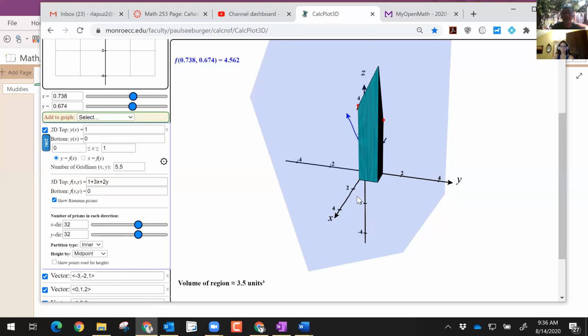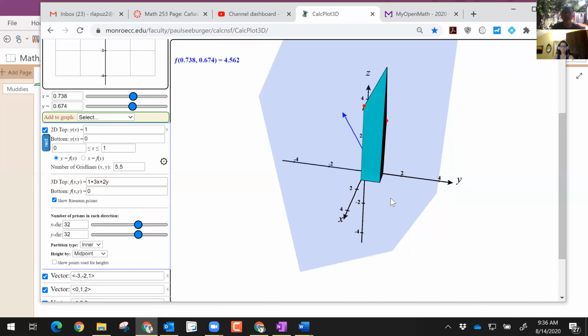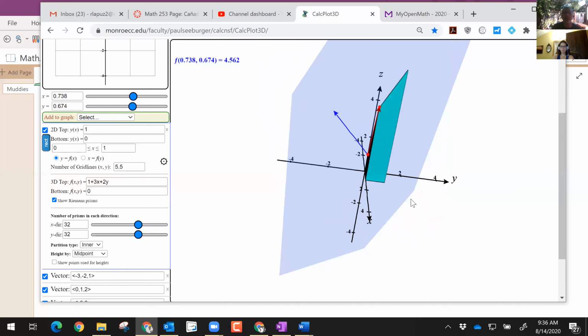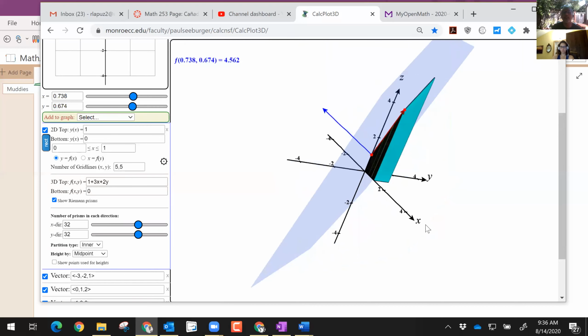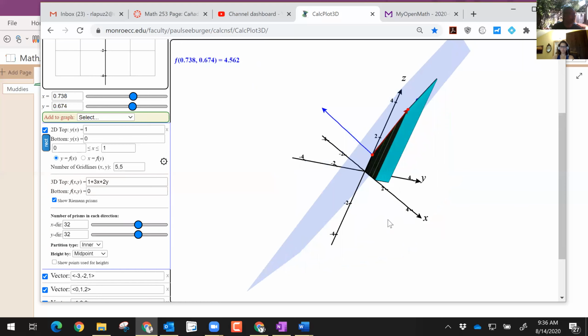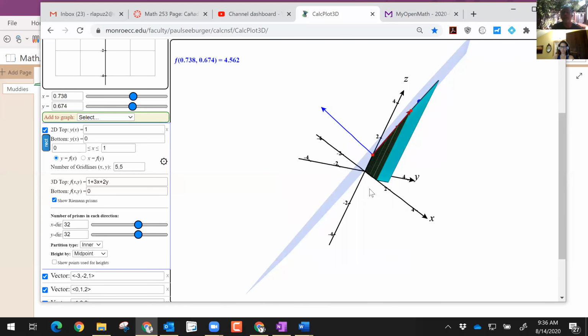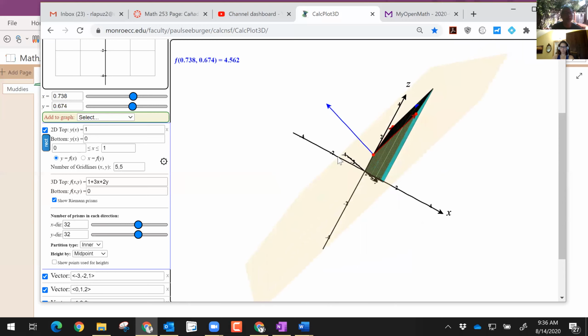So this is exactly the volume that you're looking for. And my computer is going super slow now because this thing has a lot of information.